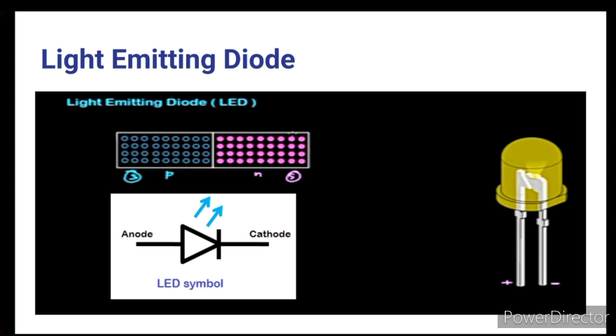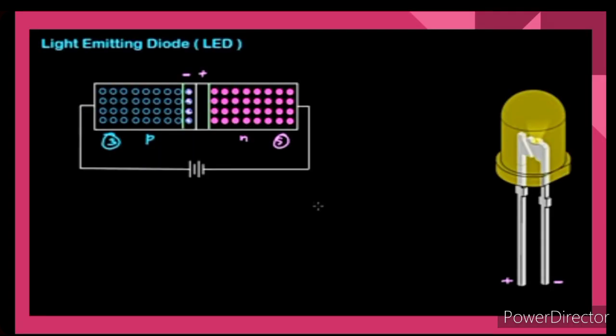A light emitting diode is an optical semiconductor device that emits light when voltage is applied. In other words, an LED is an optical semiconductor device that converts electrical energy into light energy.